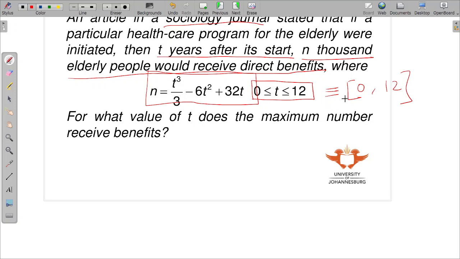Now, in a closed interval, we're going to get a maximum and a minimum. But they want us to pick the maximum here. Since this is a closed interval, we use the extreme value theorem to solve this problem.